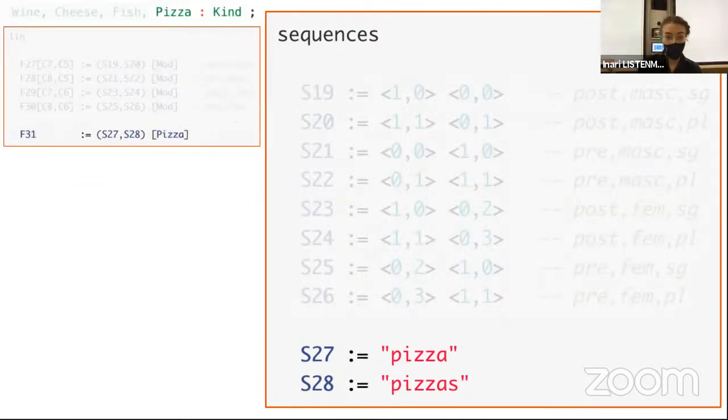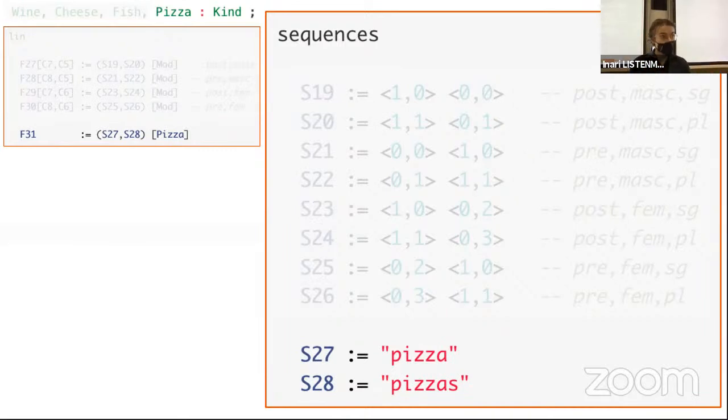Pizza is simple. It's just the strings pizza and pizzas. Previously we renamed pizza into F31, as we can see in the top corner. And that pizza is defined as a tuple of these 2 sequences. That tuple also has the labels S SG because it's an S field, and the S field is a table, and you can access that string with this param SG.